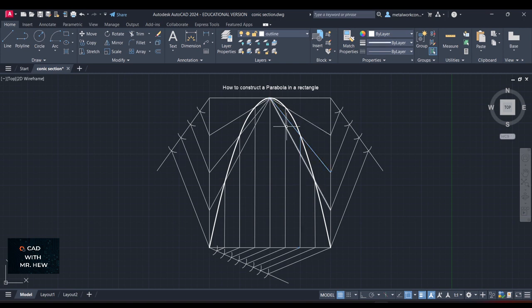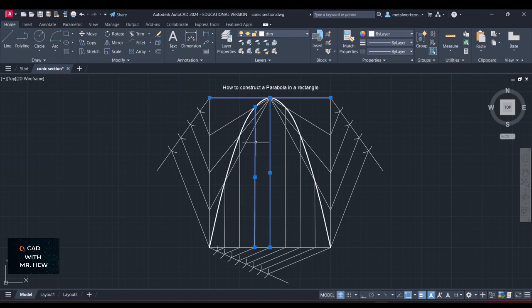And the next point would be where this vertical line intersects this diagonal line where you have that red dot. And then the highest point would be where this vertical line, which is the center line, intersects the top of the rectangle where this red dot is. That would be the highest point, right?